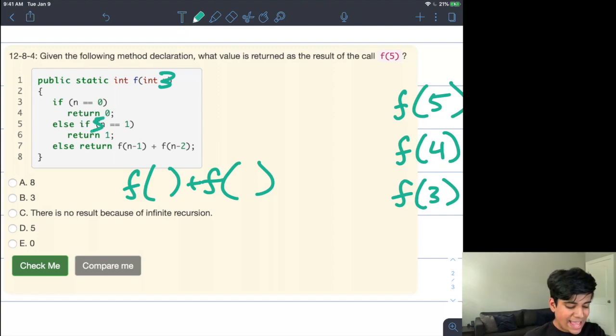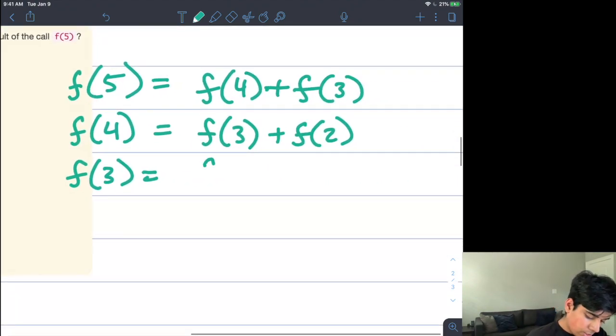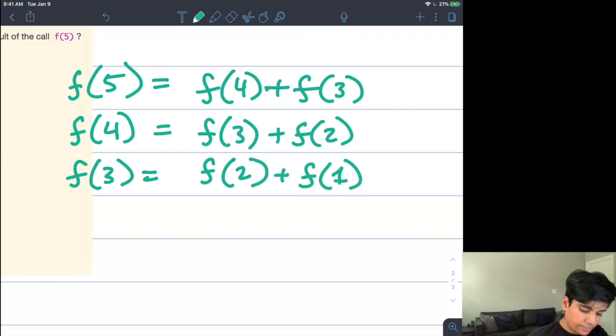Is 3 equal to 1? No, so that fails too, and we're left with return f of n minus 1. 3 minus 1 is 2, so f2, plus f of n minus 2. 3 minus 2 is 1, so this will be f1. So this is equal to f2 plus f1.